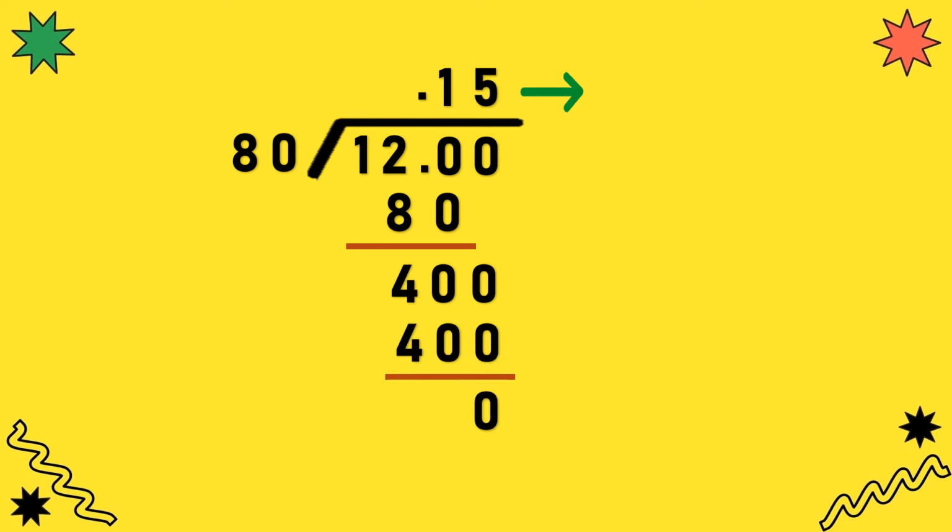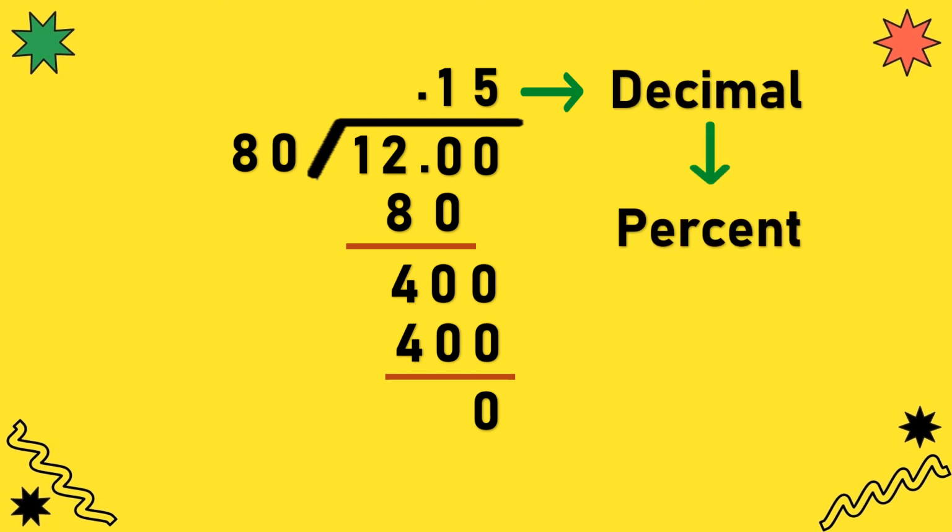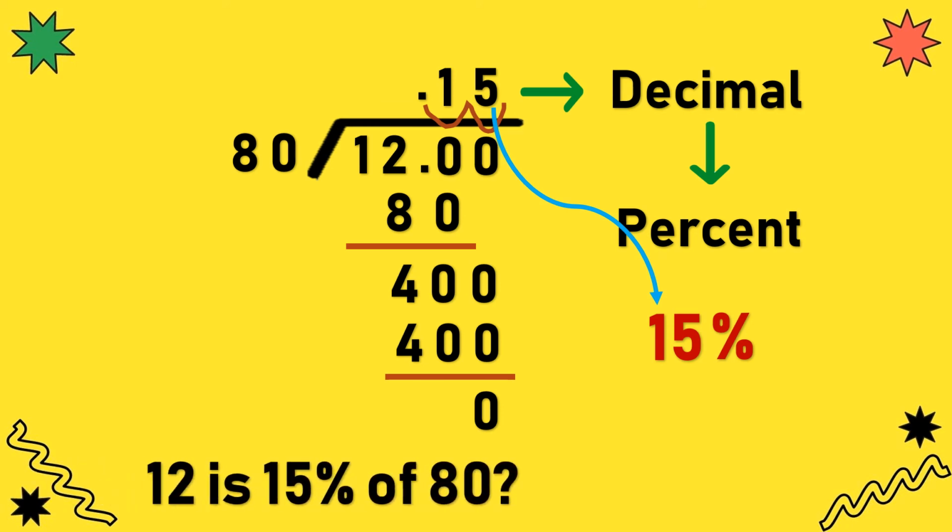Okay, so we have there in the quotient a decimal. Since the rate comes with a percent sign, we have to change the decimal to percent by moving the decimal point 2 places to the right before you affix the percent sign. Therefore, 12 is 15% of 80.